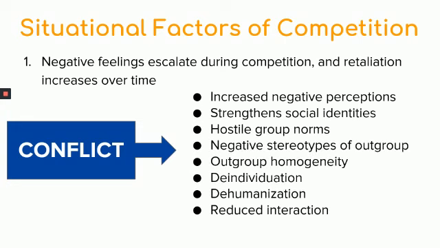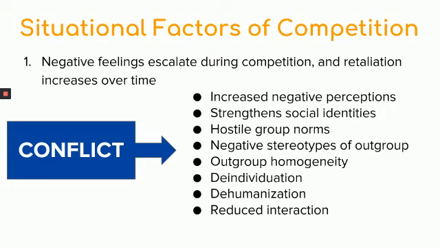I'm just going to bring all of these out. So conflict, so obviously conflict has certain types of outcomes. So increased negative perceptions of the other side is what we're really talking about. So obviously increased negative perception of the other side is going to increase retaliation and increase conflict over time.